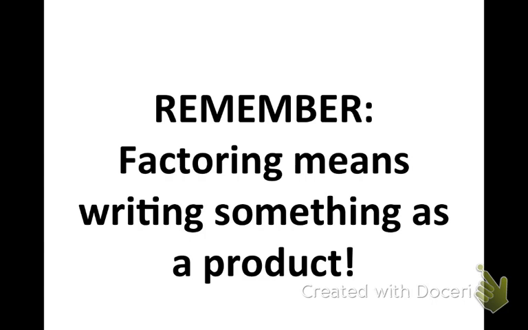So remember, if you are asked to factor anything, you should be writing it as a product. So factoring means writing something as a product. Factor, multiplication, products, something times something. Prime factorization, 2 times 2 times 2 times 7. Prime factorization, 3 times 5 times 7. So we're writing something as a product.